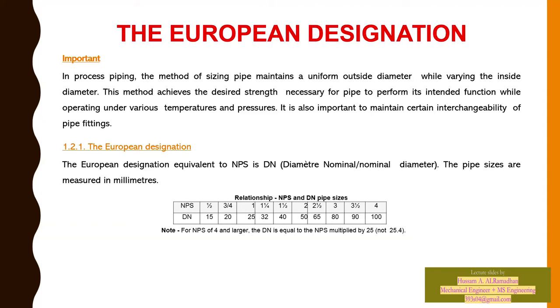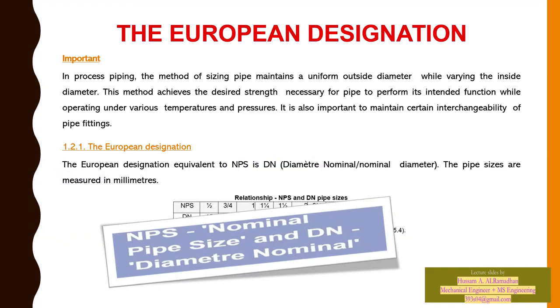The European designation equivalent to NPS is DN. So NPS is for the US and for Europe it is DN, diameter nominal. The pipe sizes are measured in millimeters. This table shows you examples. NPS 1/2-inch is equivalent to DN 15, and if it's 4, it's equivalent to 100.